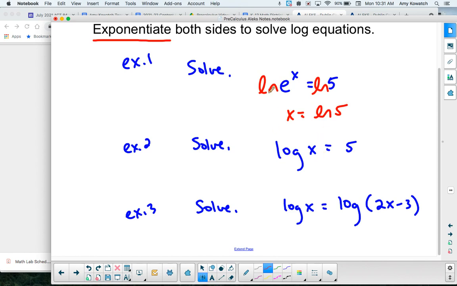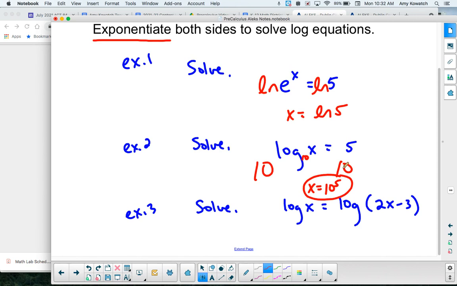So I say if it's a log base 10, we're going to do 10 to the. We're going to treat these both as exponents. Again, you're not going to hear some other book say that until you get to calculus class. So these two will undo each other because they are inverses, and basically the answer is 10 to the 5th, or a 1 with 5 zeros after it.